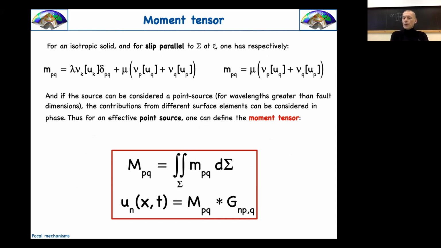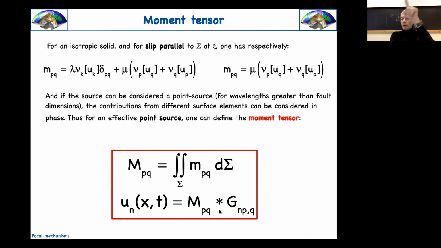And for a pure shear dislocation in the far source condition, what we are left with is this very powerful expression. It represents the convolution of a moment tensor that in this case is symmetric with zero trace, and one of the eigenvalues is 0. It's a pure double couple.